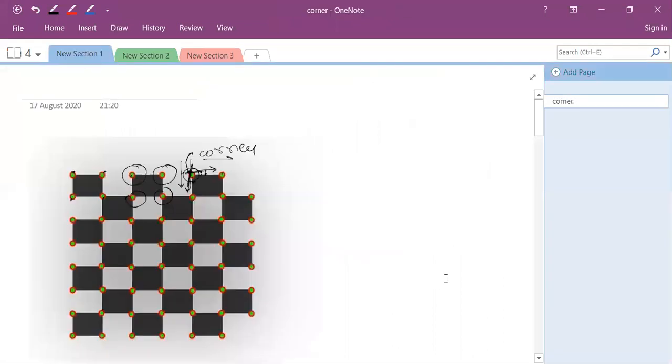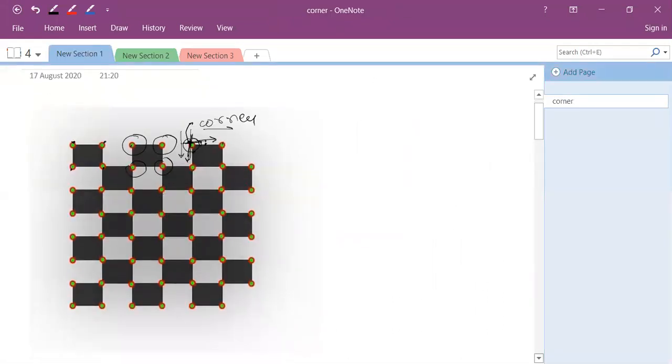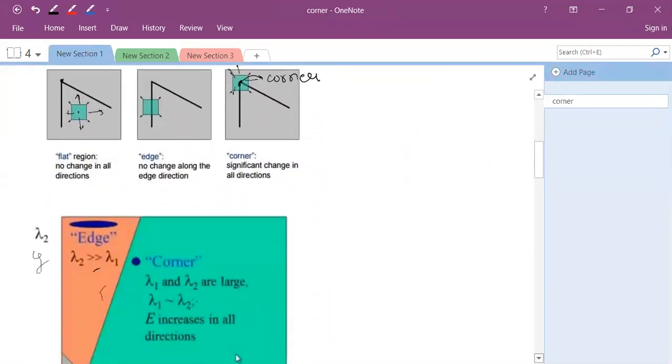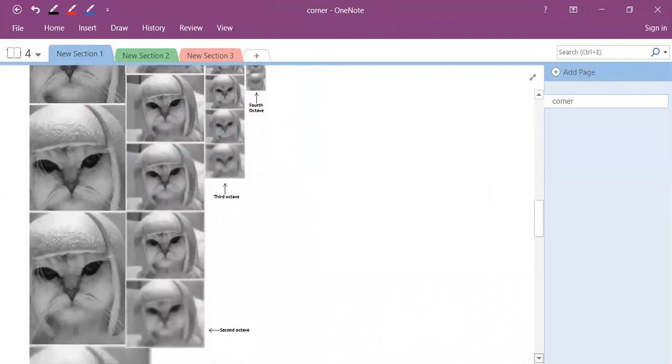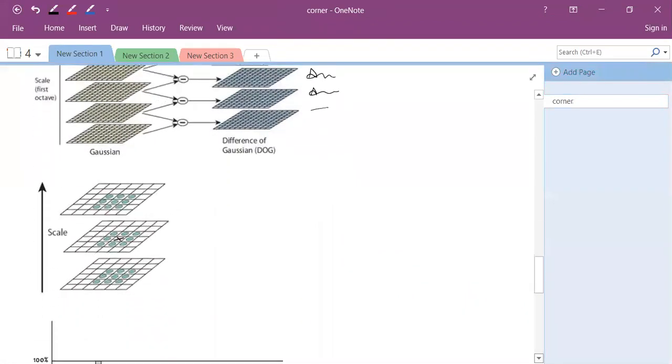In this diagram you can understand. These are the octaves, and this is the first scale value, this is the second scale, and this is the third scale. So the initial one is the current one, and you have to check the key points. So this cross point will act as a key point here.